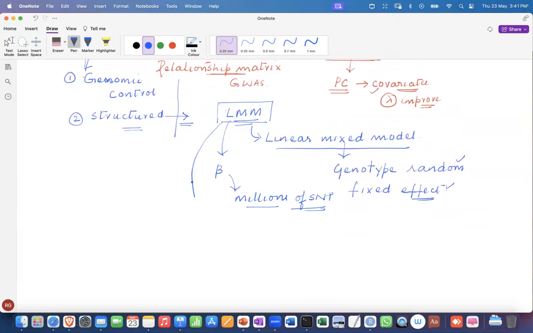So the algorithms were further modified, and nowadays you have programs like EMMAX, right? Which are very efficient, which run very quickly, and which immediately analyze your data for GWAS. Right, guys, with this brief introduction, what I'll do is, not a brief introduction.